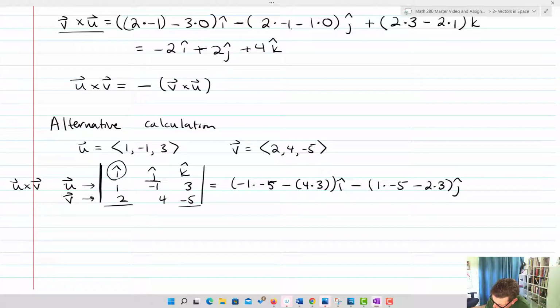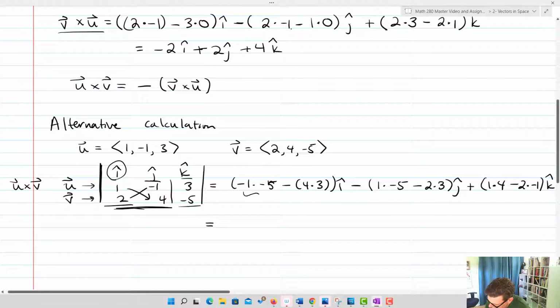And now we use k, and for k we're only going to use the first and second terms. So this is going to be plus 1 times 4 minus 2 times negative 1, and that's k. Notice how much easier that is. It keeps things a lot simpler in terms of keeping all of our values together.